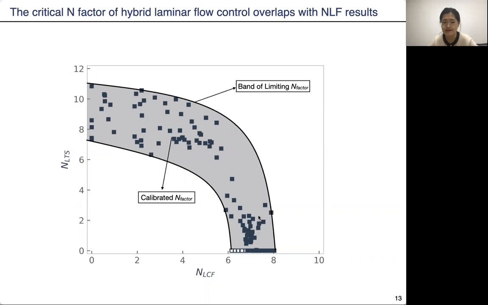We know that the hybrid laminar flow is much more complicated and costs a lot. So under similar conditions, if the critical N of the natural laminar flow can be used for the simulation and analysis of the hybrid laminar flow, it would save a lot of effort.